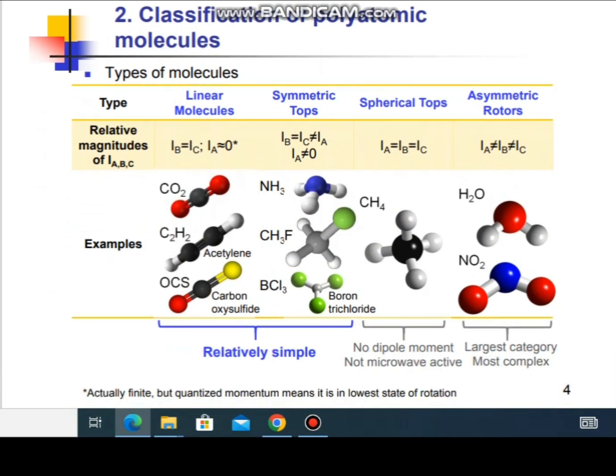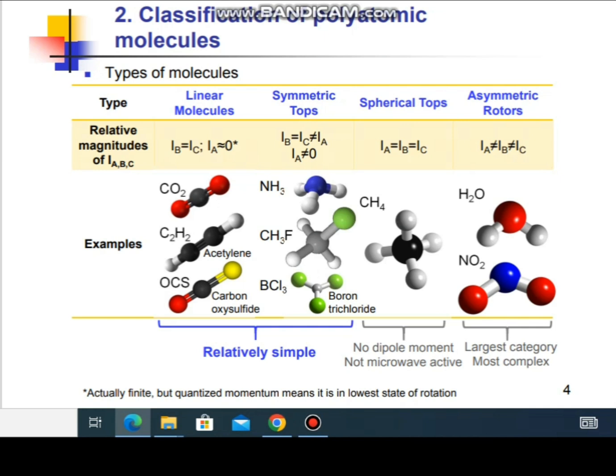Now let us see the classification of the molecules. The molecules are classified as linear molecules, symmetric tops, spherical tops, and asymmetric rotors. Examples for the linear molecules: carbon dioxide, acetylene, carbon oxysulfide.